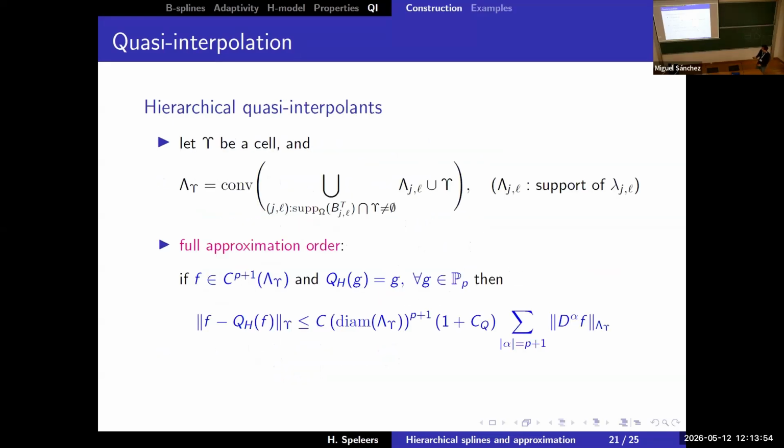This area is nothing else than this: you have to look at all the basis functions that are overlapping the cell, and then you look at the supports of the corresponding functions, and then the union of this is what you want.